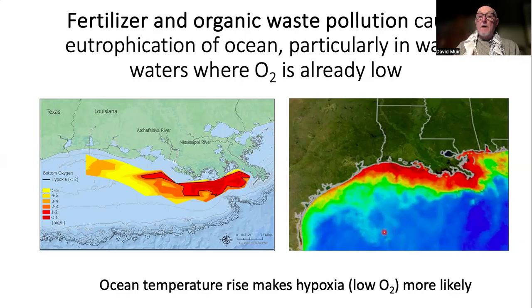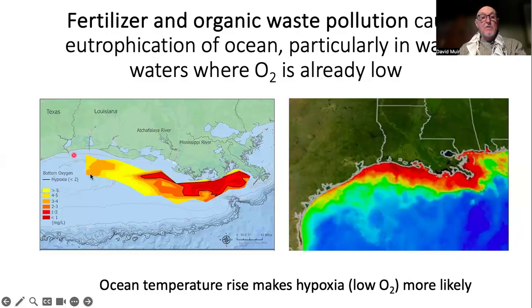The oxygen gets so low that all organisms there either have to move or they die. And this creates what is known as a dead zone. In the United States, one of the most persistent and regularly occurring dead zones is in the Gulf of Mexico. And you can see it here.